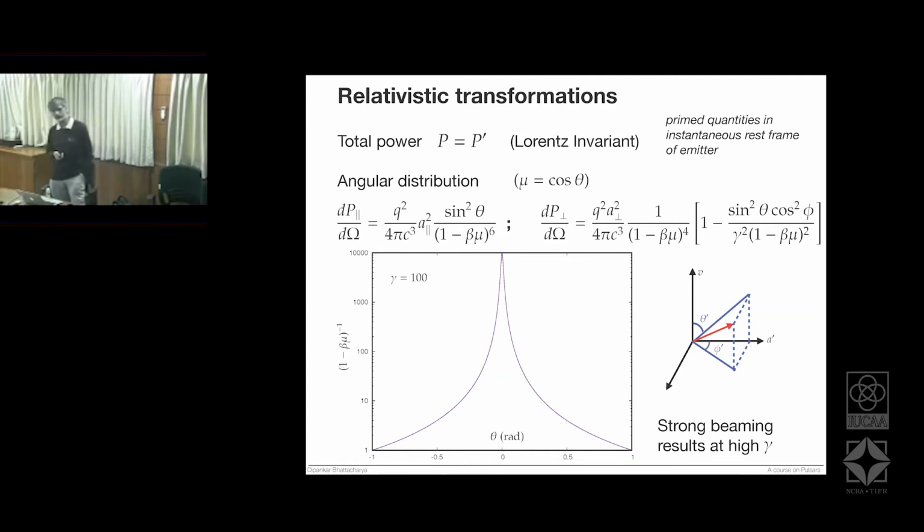This is when the observer is actually observing the radiation, right? So when the observer is observing the radiation, the direction of the radiation and the direction of the line of sight will be the same. Yes, that is correct.